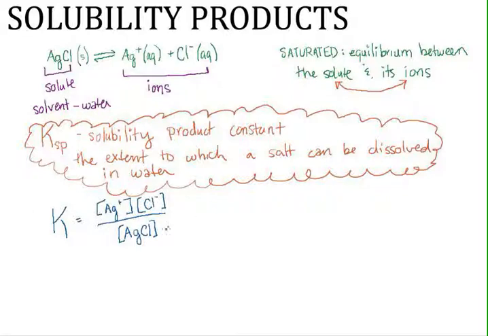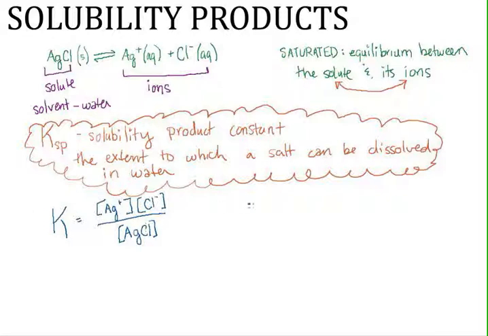The one kind of wrinkle here is that when we're dealing with this particular constant, when we're dealing with solubility, we're inherently dealing with something that's solid. And when we're talking about K, we don't necessarily care about our solid compounds or how much of our solid compounds we have because, guess what? They're solid, so they're not really going to affect concentration or equilibrium the way that liquids and gases will interact with each other.